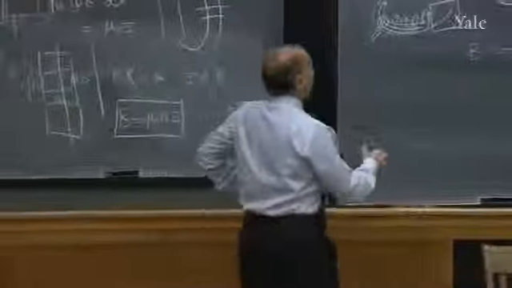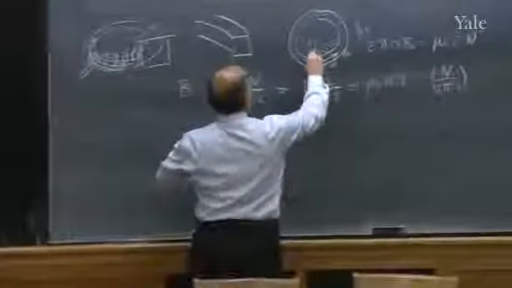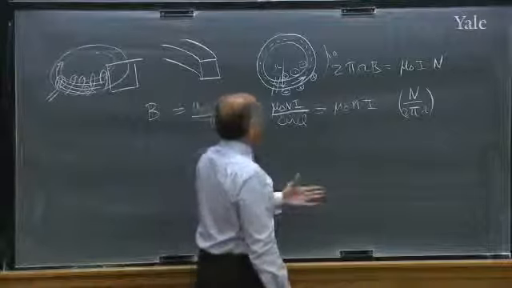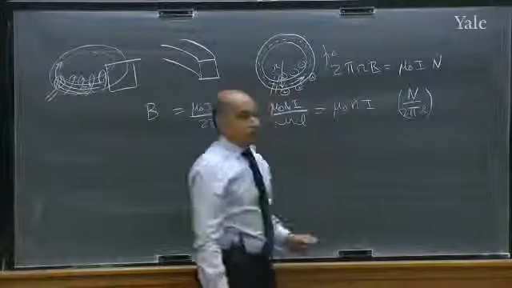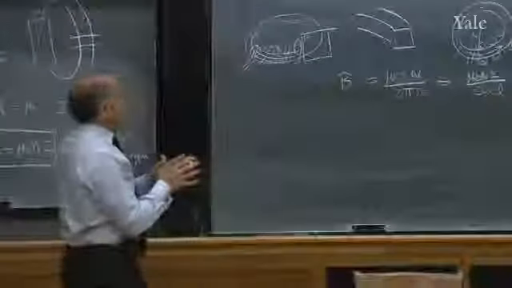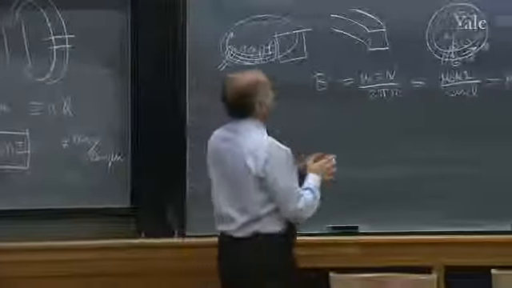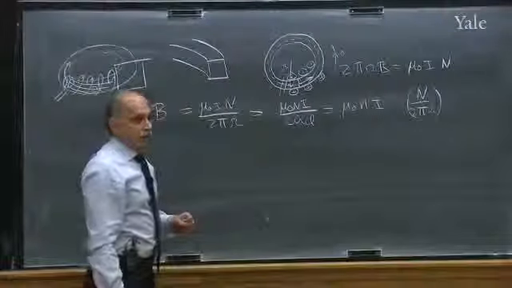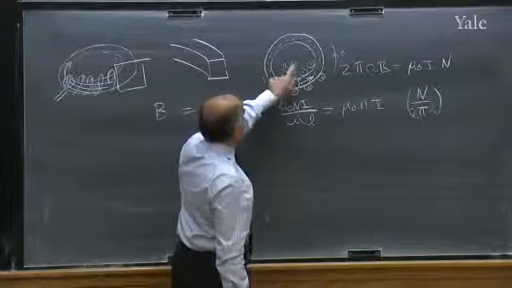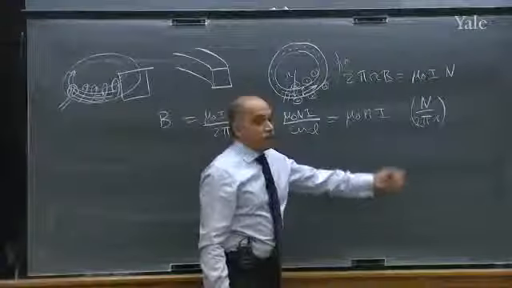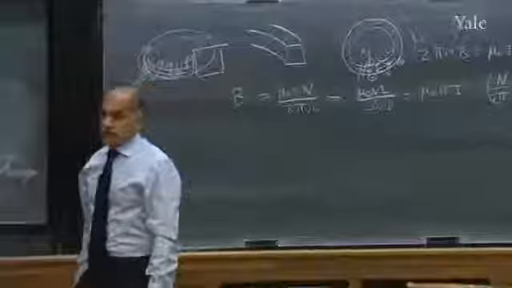In other words, you cut it here and you open it into a solenoid, its length will be 2 pi r, and the number of turns per unit length will be big N over 2 pi r. But that's an approximation, because in a real finite system, the magnetic field is not uniform. There's a slight variation from this end to that end. But if this thickness is 2 inches and that radius is 37 miles, that variation is negligible, and it becomes that other easier result.